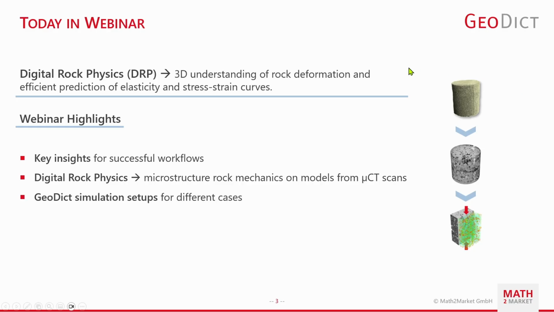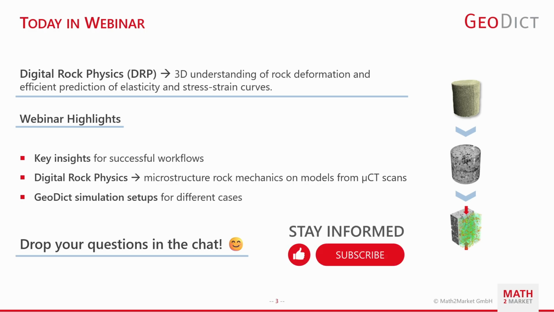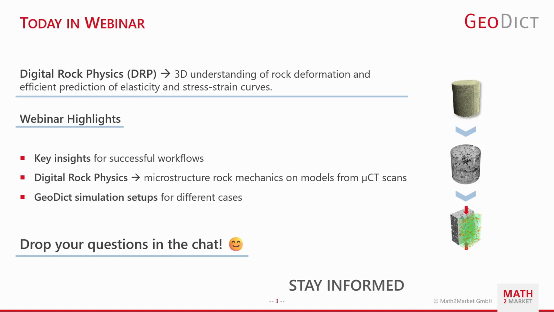And then we'll move forward with a few different simulation setups in GeoDict, showing how to effectively predict rock elasticity and stress-strain curves. Also, we had some questions raised and they will be answered after the session.